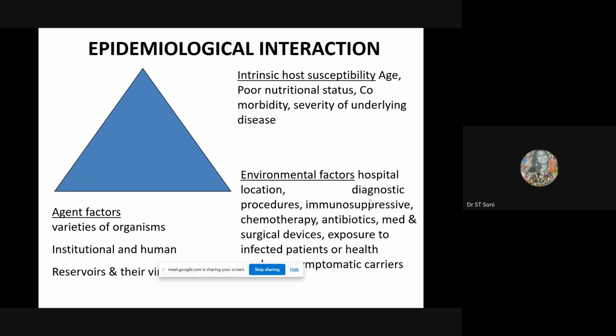The most important one is the agent factor, like all the organisms we see inside the hospital premises or settings. It can be the institution, it can be the human, it can be the reservoir also, because they may be present inside the reservoirs also.